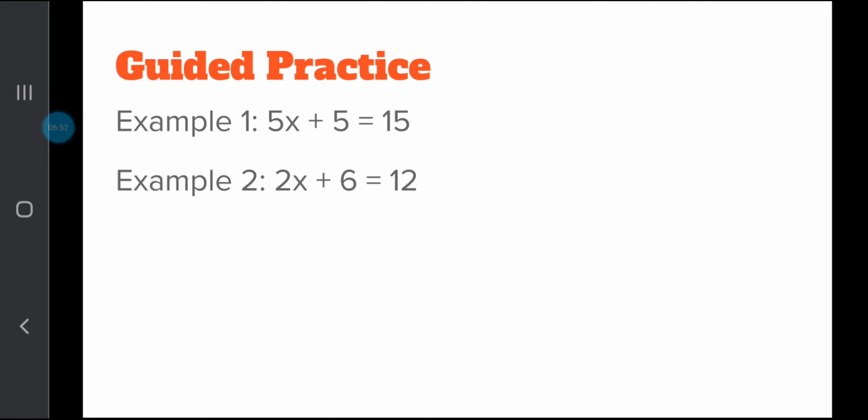All right, now that you had some time to work on it and put your answer in on Edpuzzle, our answer for number 1 is x equals 2, because we subtracted 5 from both sides, so we're left with 5x equals 10. We divide both sides by 5, so 5x divided by 5 equals just x, and 10 divided by 5 equals 2, so x equals 2.